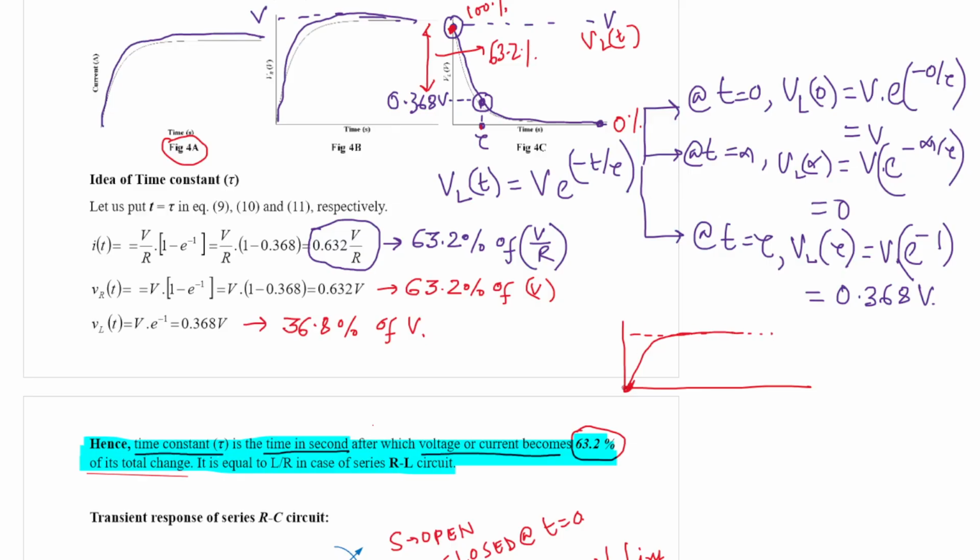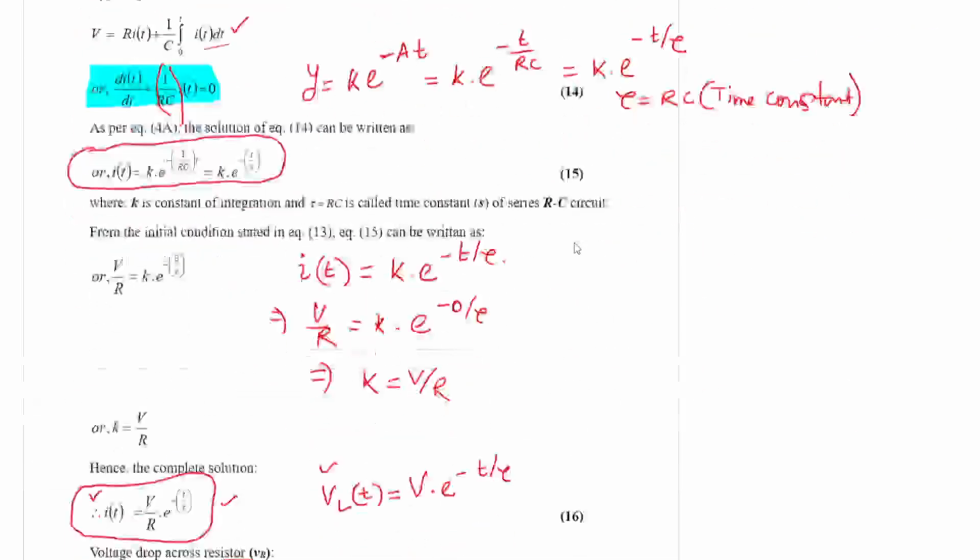Again I am repeating, initially its magnitude changes at a rapid rate. That is why this phase is called the transient state, and after certain time it steadies its response to a final value. For every response, whether you observe i(t) or VR(t) or VL(t) or VC(t), you will see this kind of response.